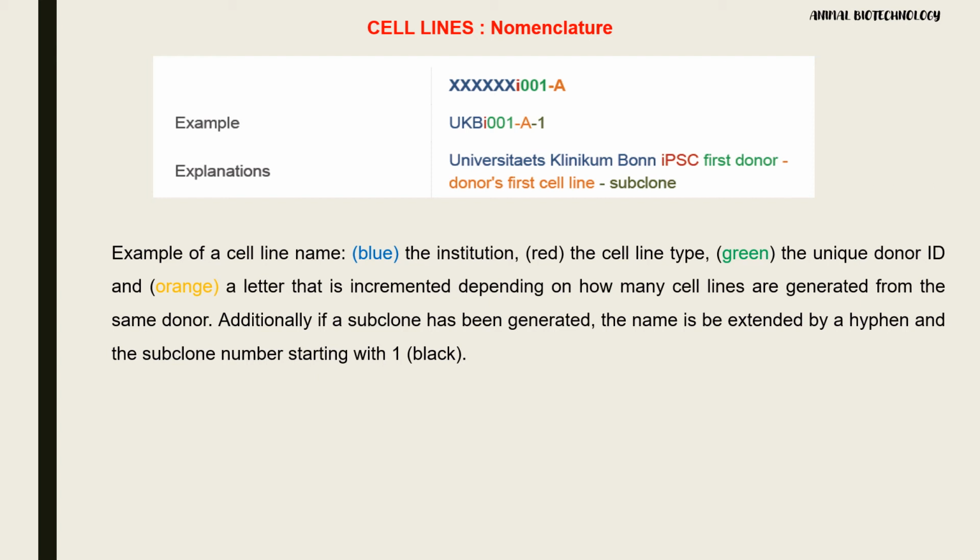The letter I gives the cell line type, that is, in this case, it is an induced pluripotent stem cell. 001 in green denotes the unique donor name. The capital letter A, which follows after the hyphen, is the donor's first cell line, and the 1 written in black after the hyphen denotes the first subclone.